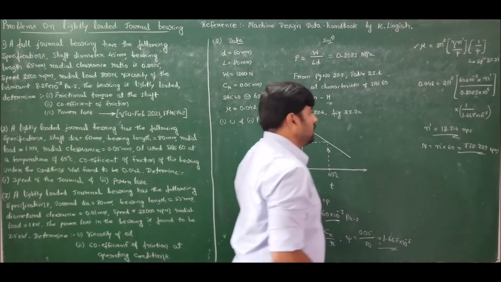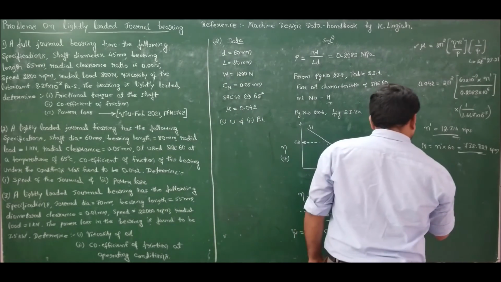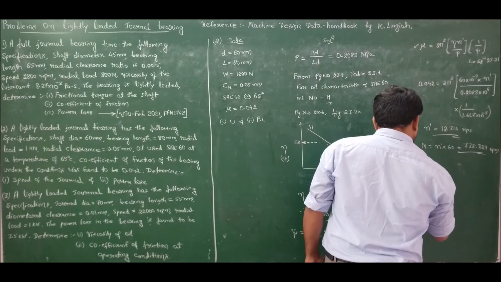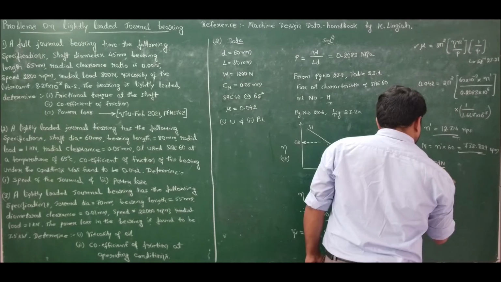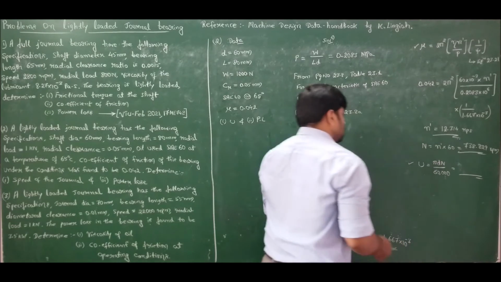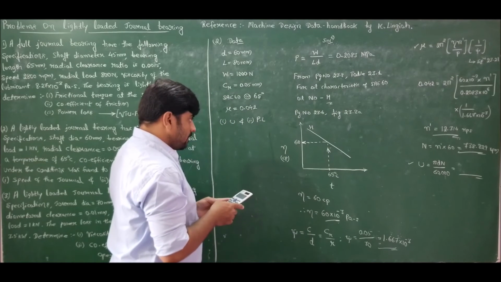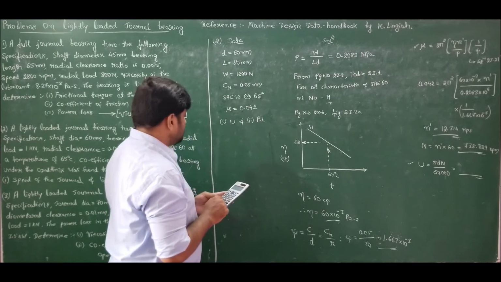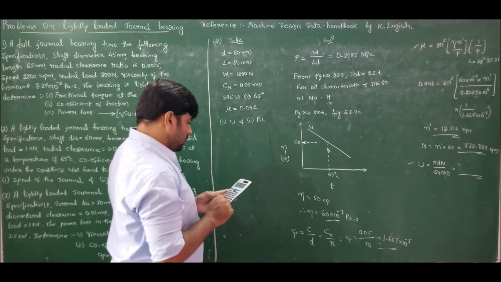I got 738.829 RPM. Now I can find velocity, because u is pi dn by 60,000. Pi dn by 60,000 will get pi into diameter 60 into n is 738.829 divided by 60,000.